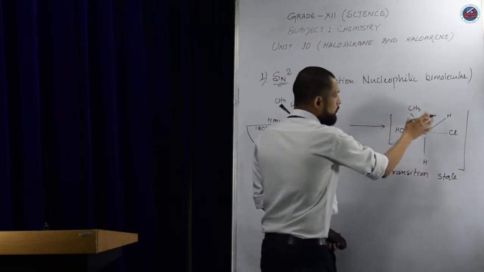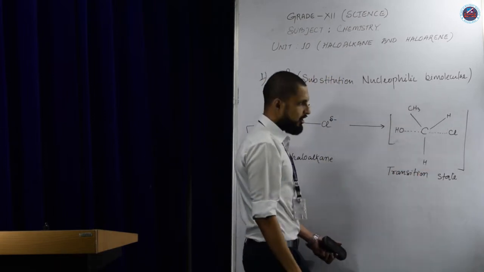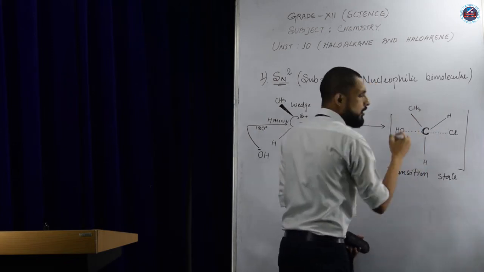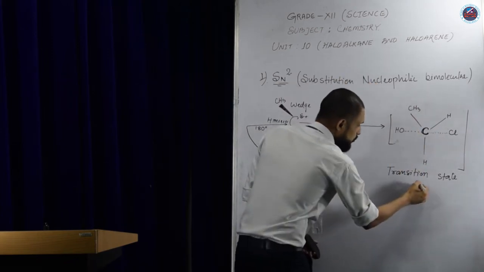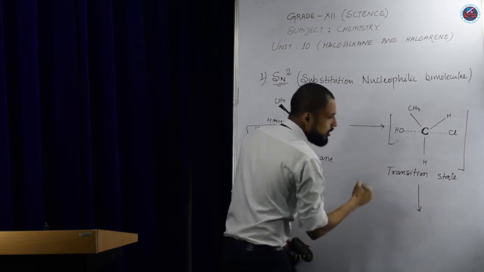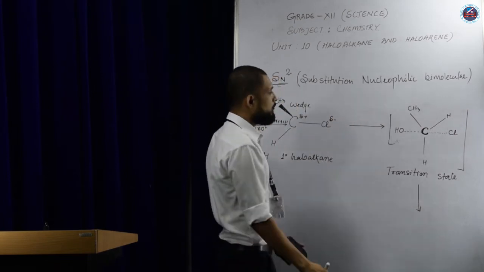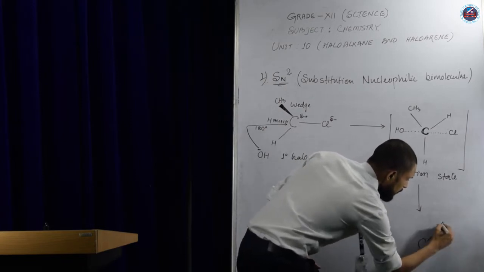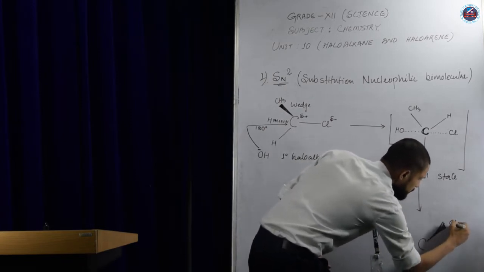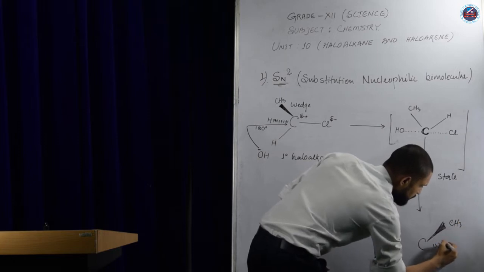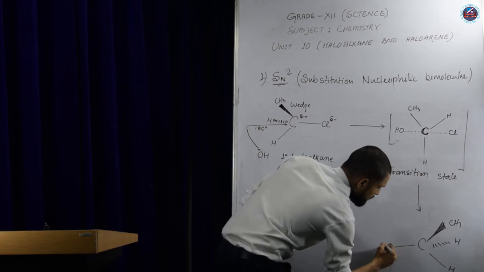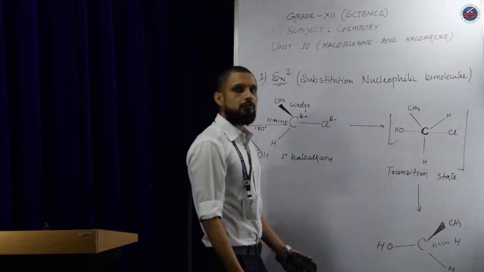Now this transition state is highly unstable because of the pentavalent nature of carbon. So this will decompose to give the product. This is the product form.